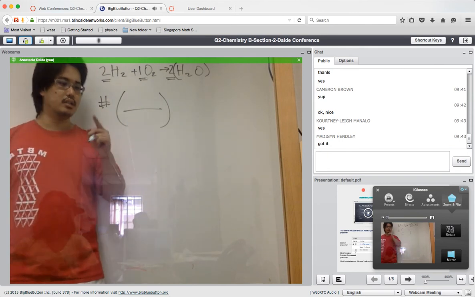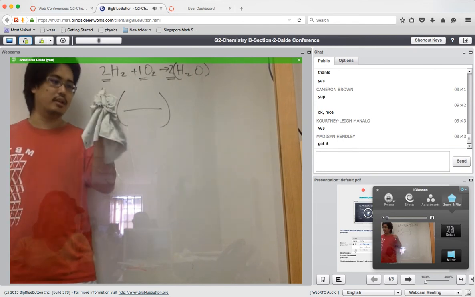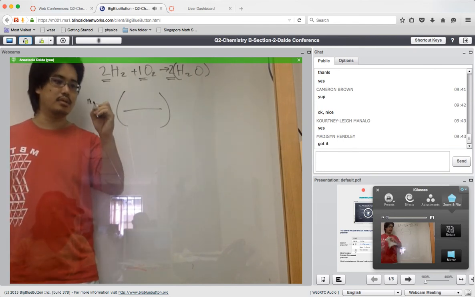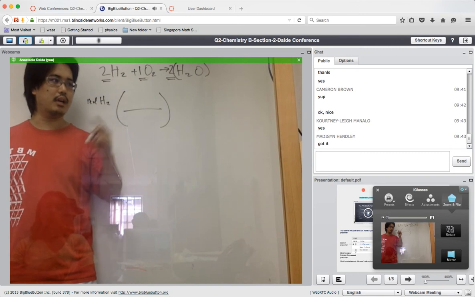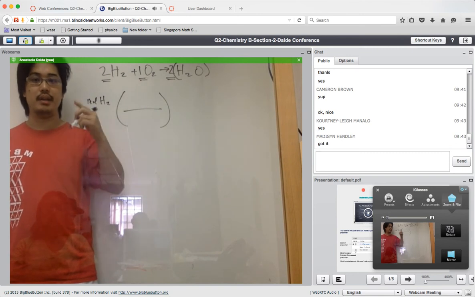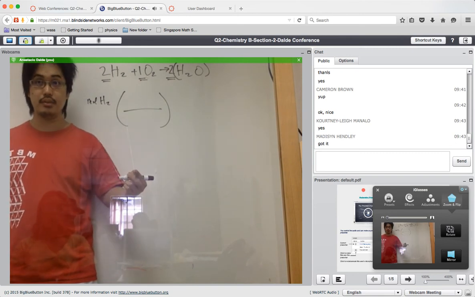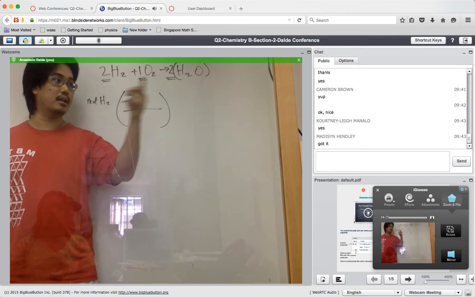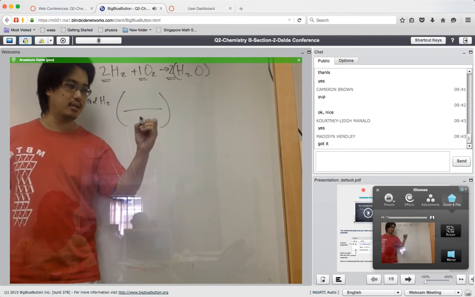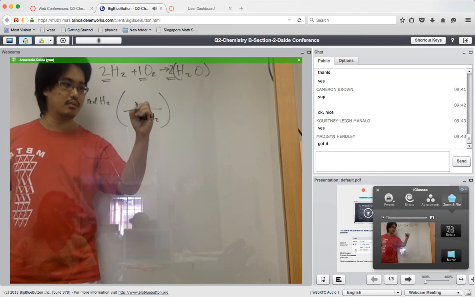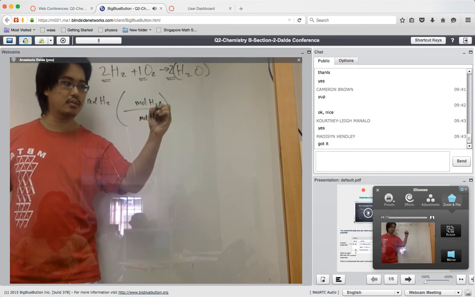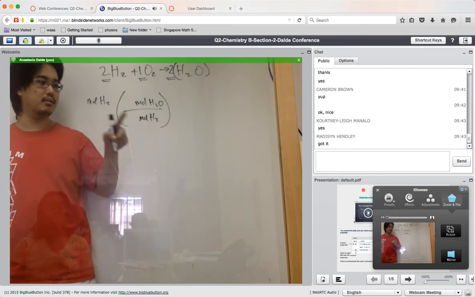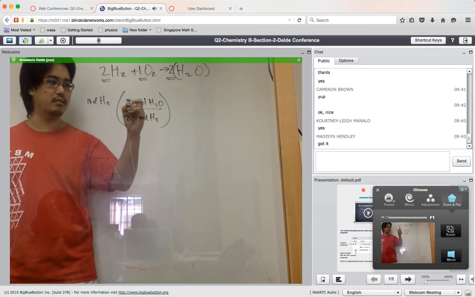So if I had my units as moles of H2, and I wanted to convert that into how many moles of H2O that would produce, I would simply look at these numbers right here. I would say, okay, moles of H2, moles of H2O, and the number here is 2 and the number here is 2.